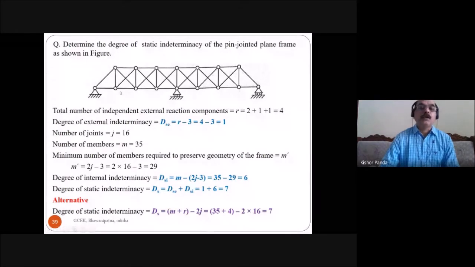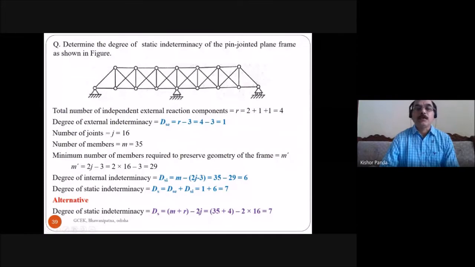The total number of static equilibrium equations is equal to 2j, because at each joint 2 static equilibrium equations are required. The difference between the number of unknown forces and the total number of joint equilibrium equations will give the degree of static indeterminacy.